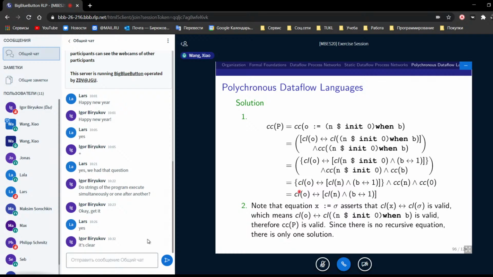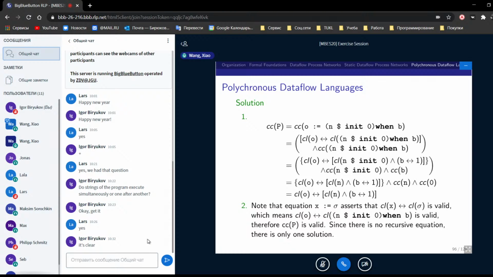So what we have here is actually a simplification of this one. The clock is equivalent to the clock of 1, so it is still equivalent. So what we get here is equivalent to what we have here. But we assert this is valid, this is also valid. So C is true.